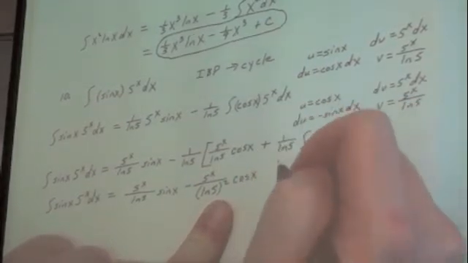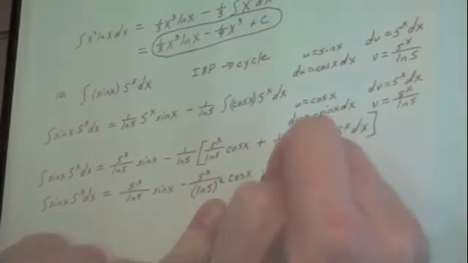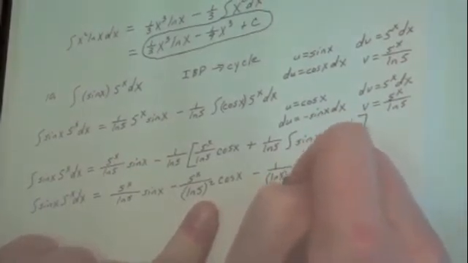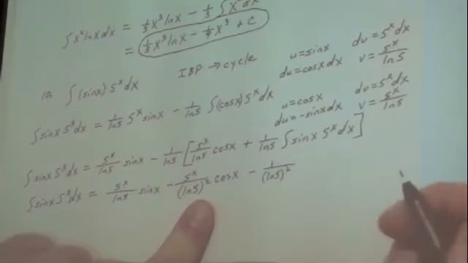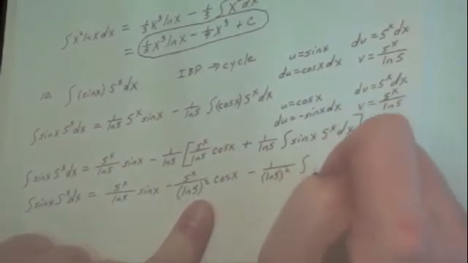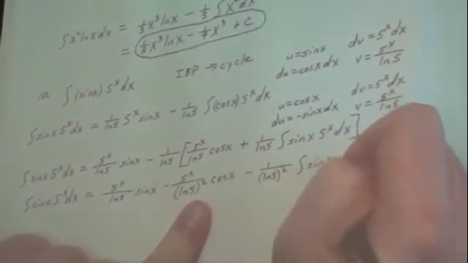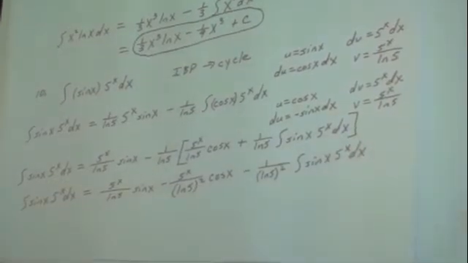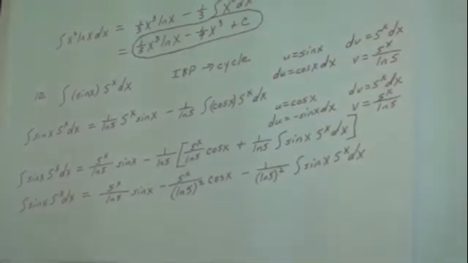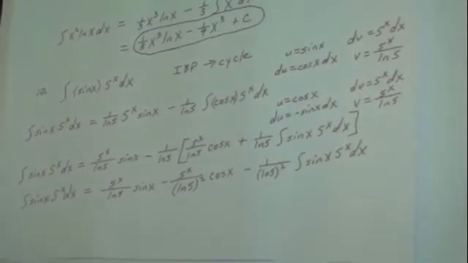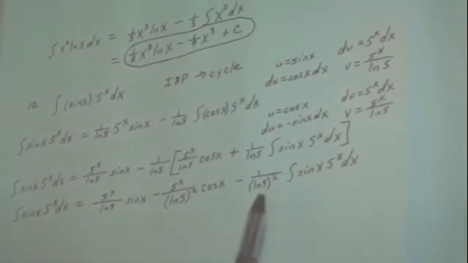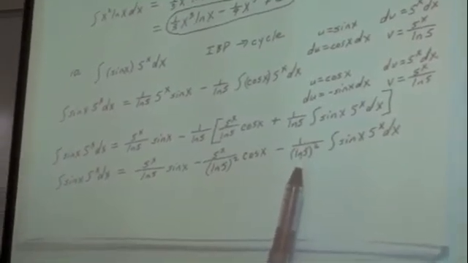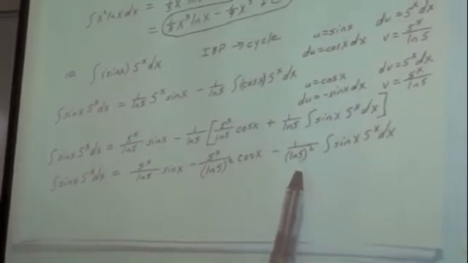And then I would have minus, again, 1 over the group natural log of 5 quantity squared on the integral of the sine of x 5 to the x dx. On the other side, I know I'm going to need to move this term over, and it's going to become plus 1 over the natural log of 5 quantity squared.